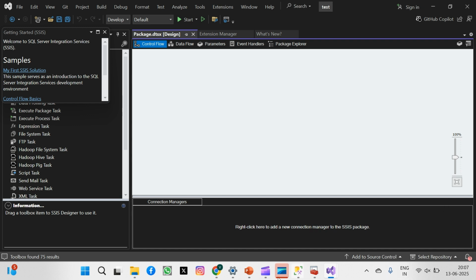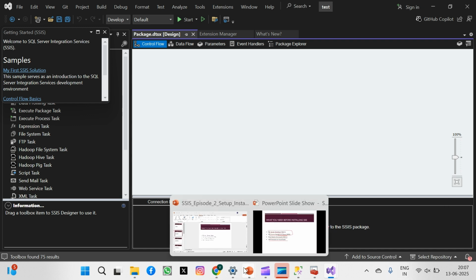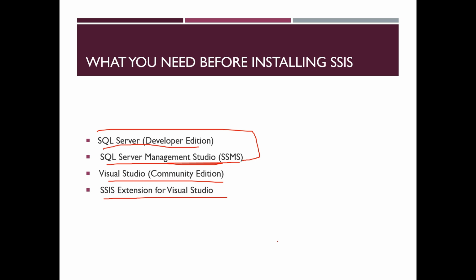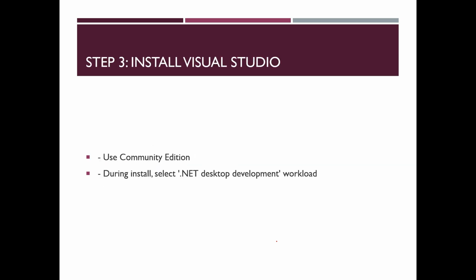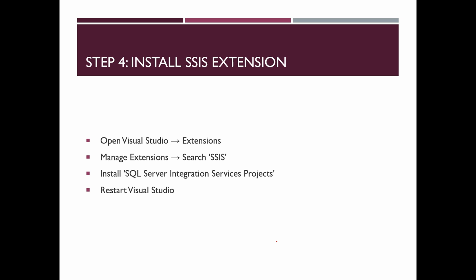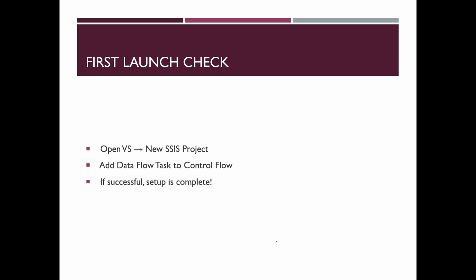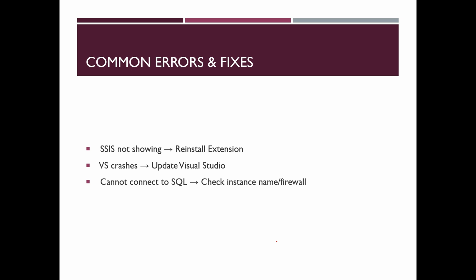Now let's move to the common errors and how to fix them. Here are some common problems and how you can fix them. First, SSIS is not showing in project types.